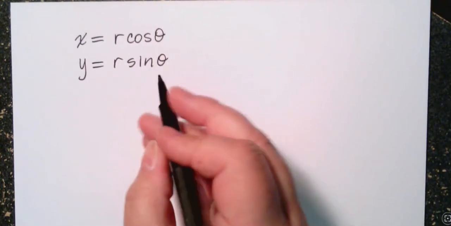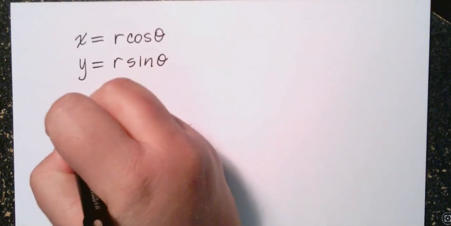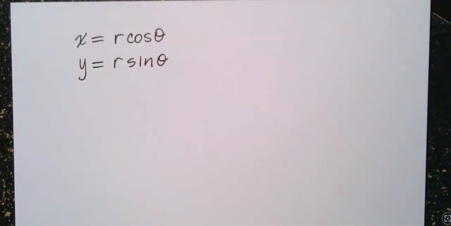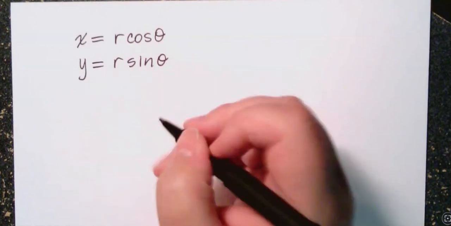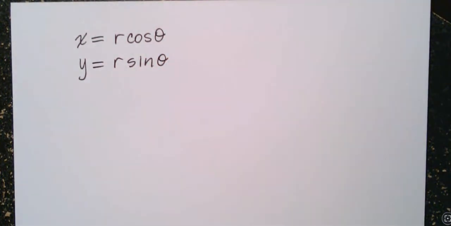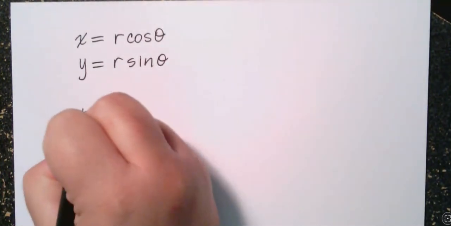So what you see a lot of times for complex numbers that are given in polar form and asked for rectangular form is you'll see things like this.